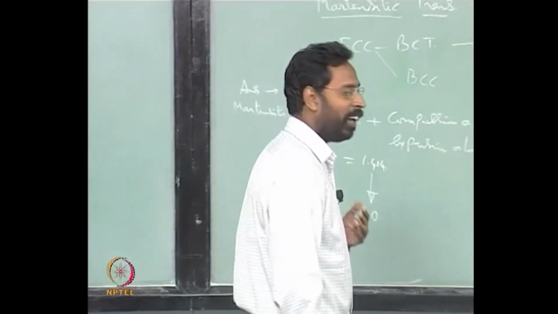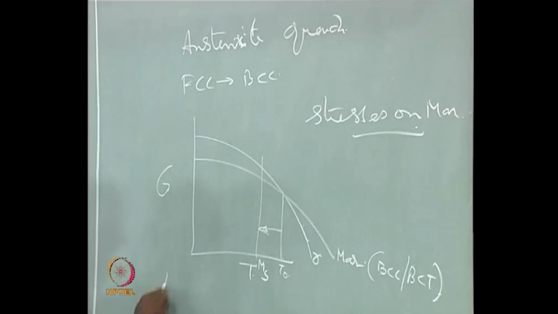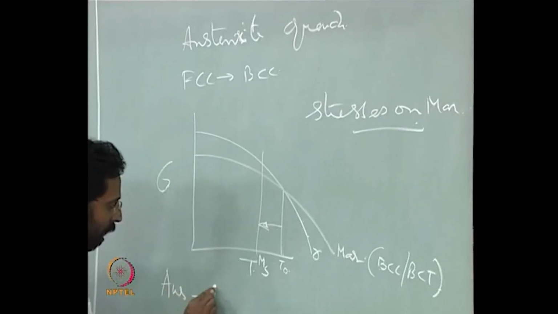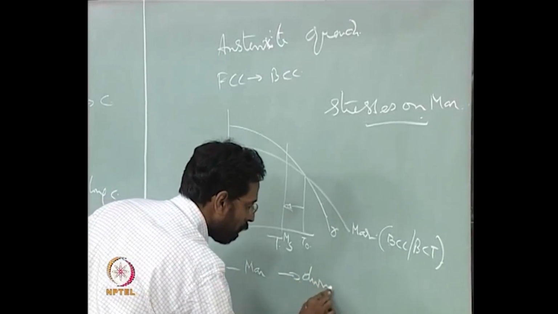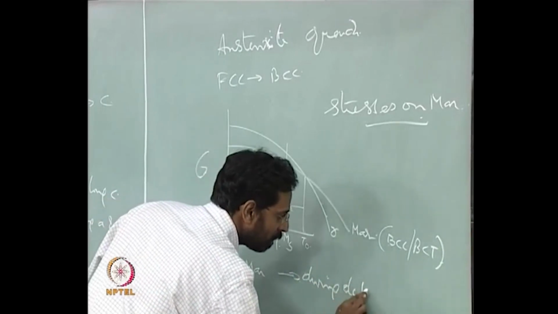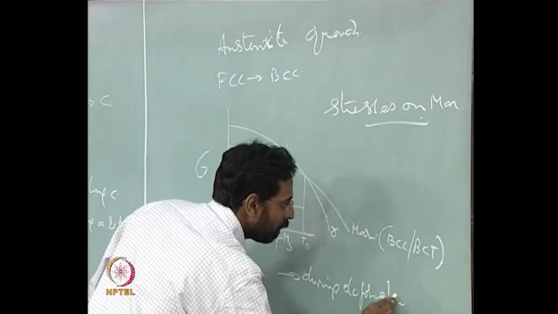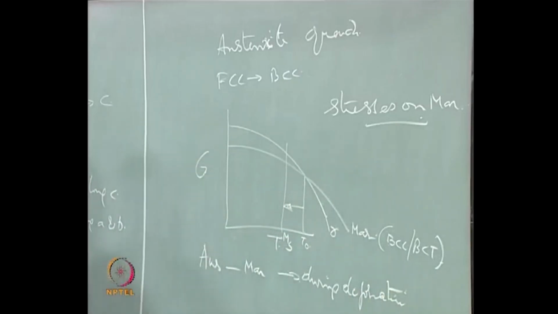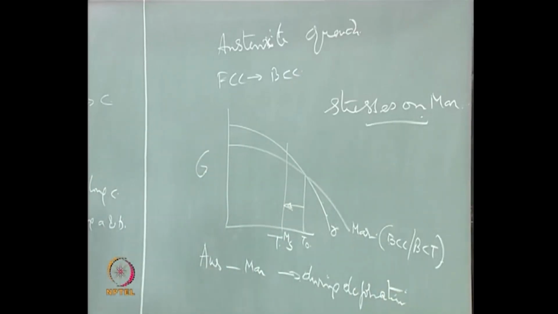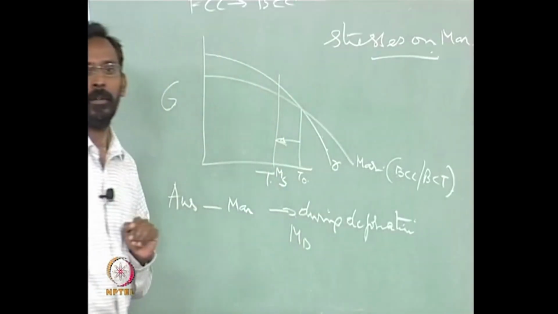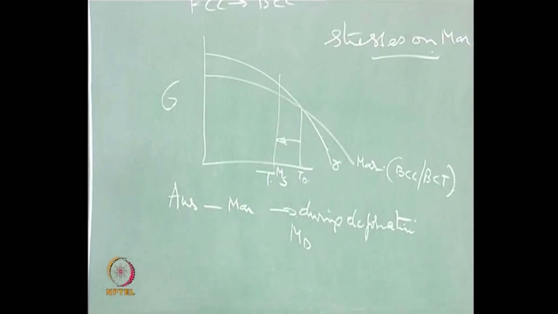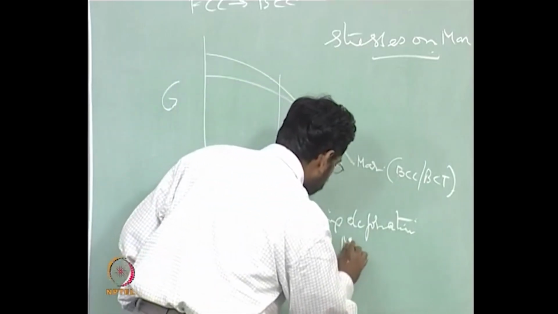This is what we call deformation induced Martensite, and we even give a temperature called MD temperature for that temperature where the Martensitic transformation occurs during deformation, and usually this MD is always greater than Ms.